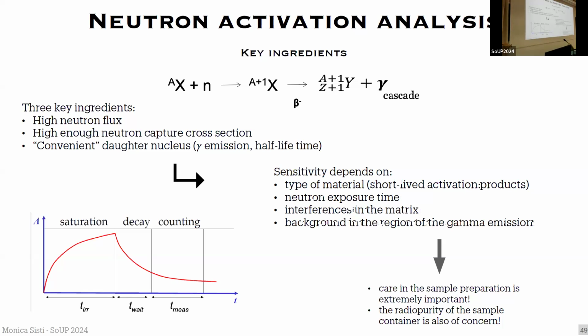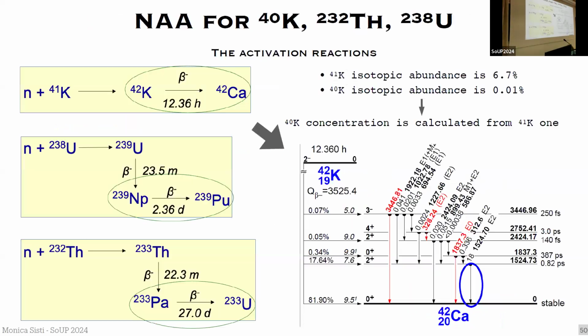And then it continues to decay while you measure. And of course, you measure this decay to assess the number of isotopes that are contained in your sample.